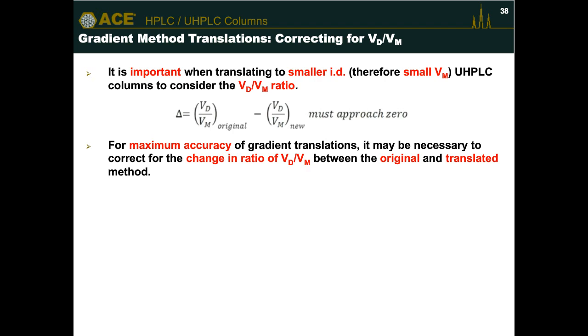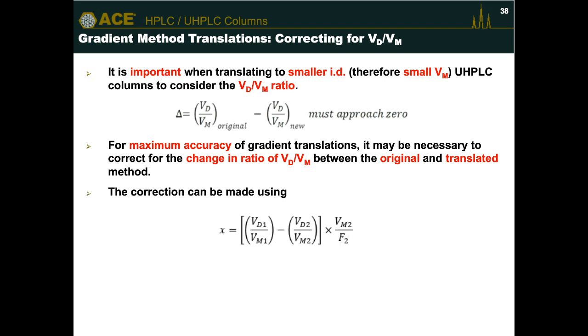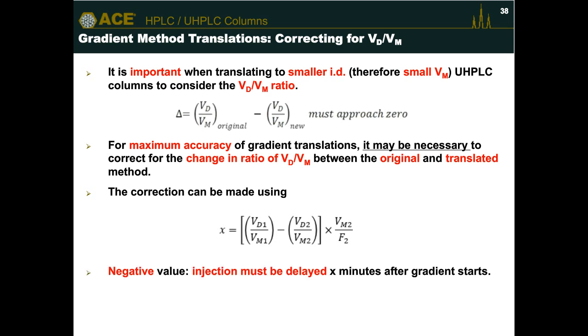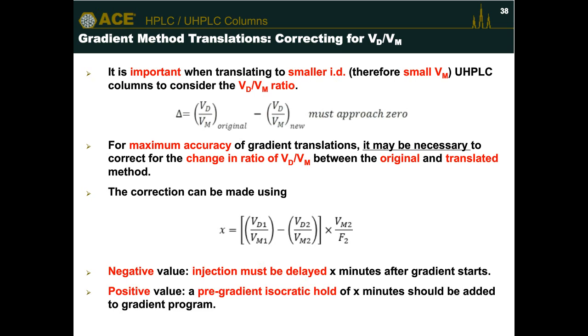If we don't have this, then we need to use the new column volume and the flow rate to either delay the injection or add an isocratic hold at the start of the method. And what this does is make the analytes see the same profile. They see the same isocratic gradient that they would on the original method.